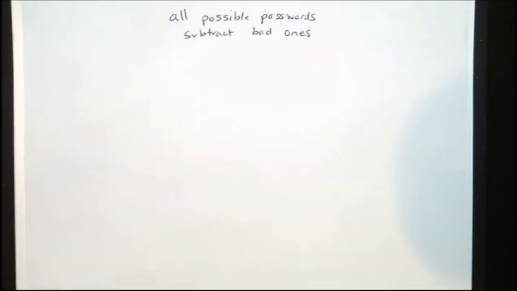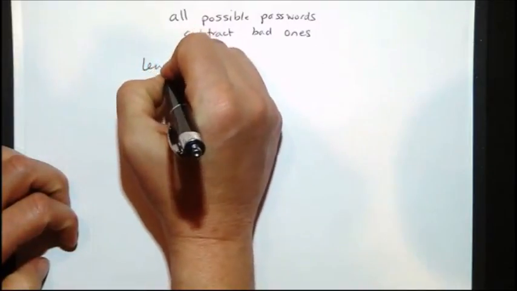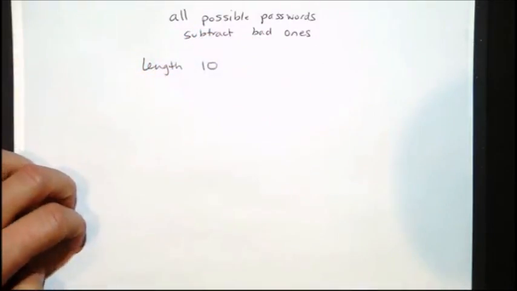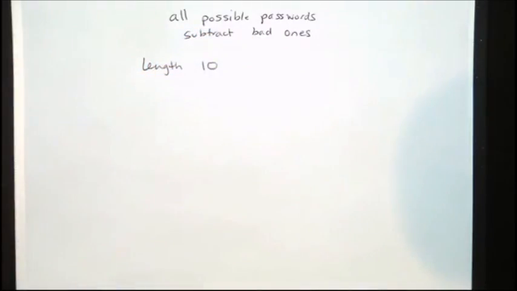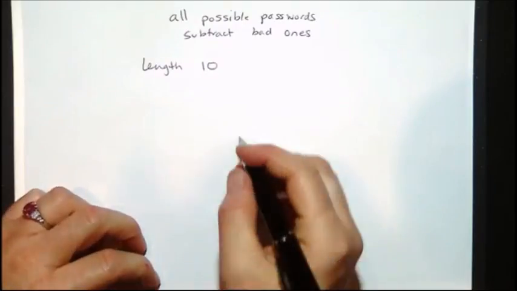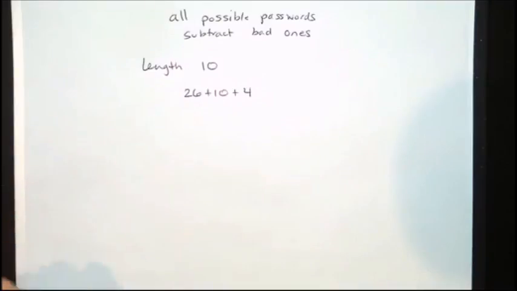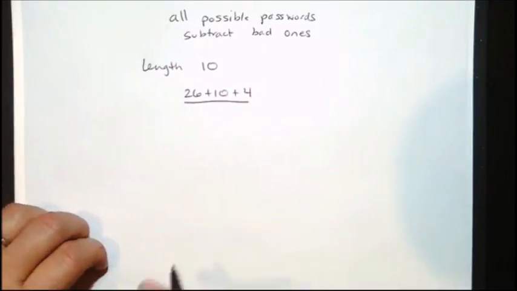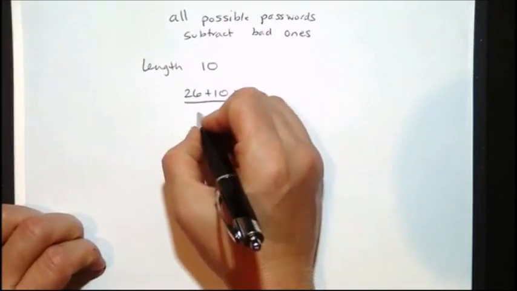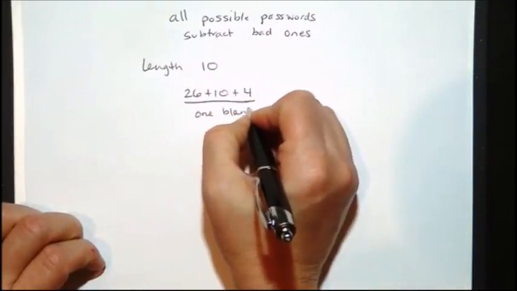Okay, so we know that our password is length 10, and the total characters that we could have in any blank is 26 plus 10 plus 4, right? So any blank could have that many in it if I just make any password that uses that set of characters. So this is 1 blank, and I got 10 of them.